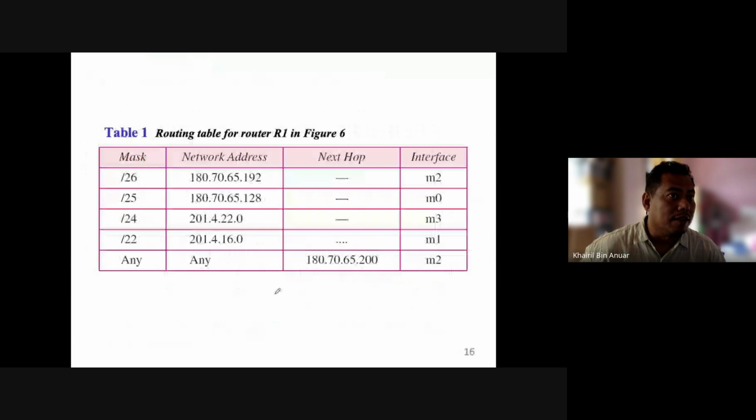If you have this slash 26, you will need to use an additional 2 bits as your mask. But if you look into it, the 192 will not match the IP address that was given, whereas the 25 will match the given one. That is why it will use the IP network 65.128.